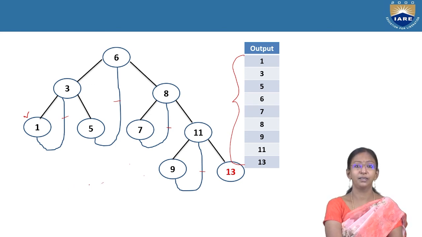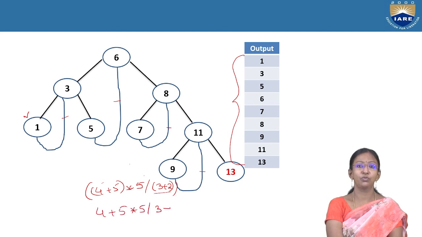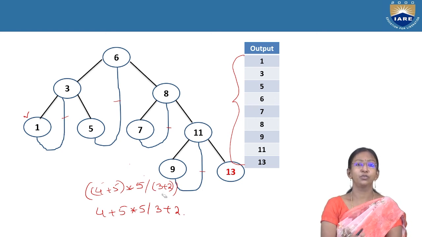For example, take 4 plus 5 multiplied by 5 divided by 3 plus 2. Here 3 plus 2 is an operation. If I remove the brackets, 4 plus 5 into 5 by 3 plus 2, what is the result of these two expressions? Guys, you calculate and tell me. If you use brackets, 4 plus 5 turns into 9, into 5 by 5.